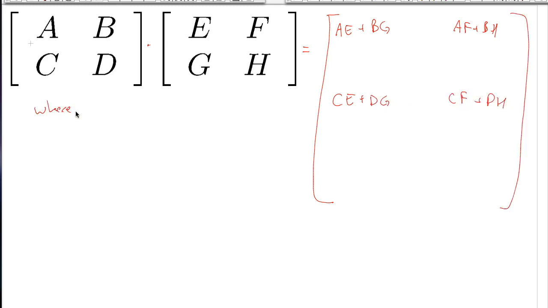If we were to do that, no matter how big our matrix started, we would end up with a problem like this, A, B, C, D times E, F, G, H. And our resulting product would just be AE plus BG, AF plus BH, CE plus DG, and CF plus DH.